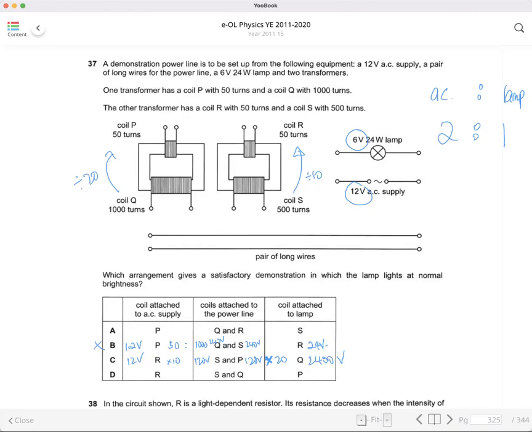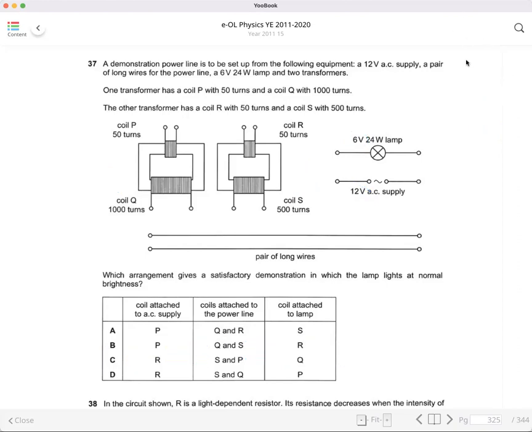Okay, let me re-explain this again. P to Q, I multiply by 20. R to S, I multiply by 10. All of you started off with 120 volt. P to Q, 120 volt times 20 will become 2400 volt.